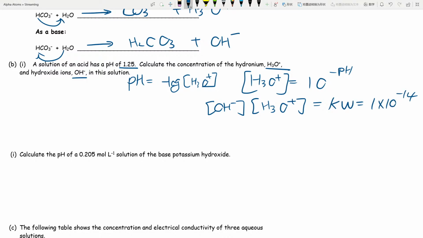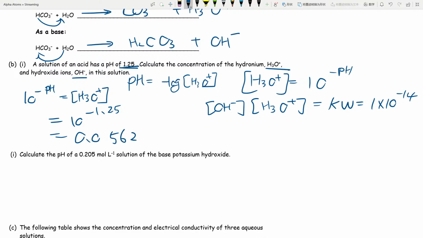So let's say pH equals 1.25. Straight away we know 10 to the power of negative pH will give us the H3O plus ions. If you do that on your calculator, 10 to the power of negative 1.25 will be 0.0562.